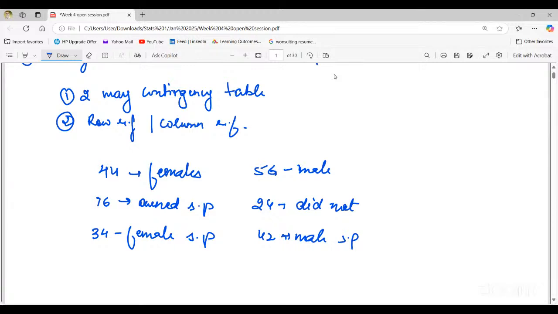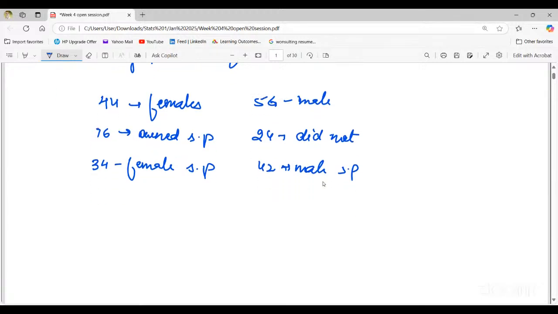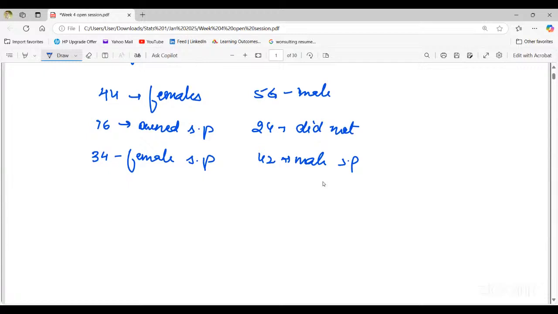This is the summary from the data. It can be organized in a tabular form, known as the two-way contingency table.